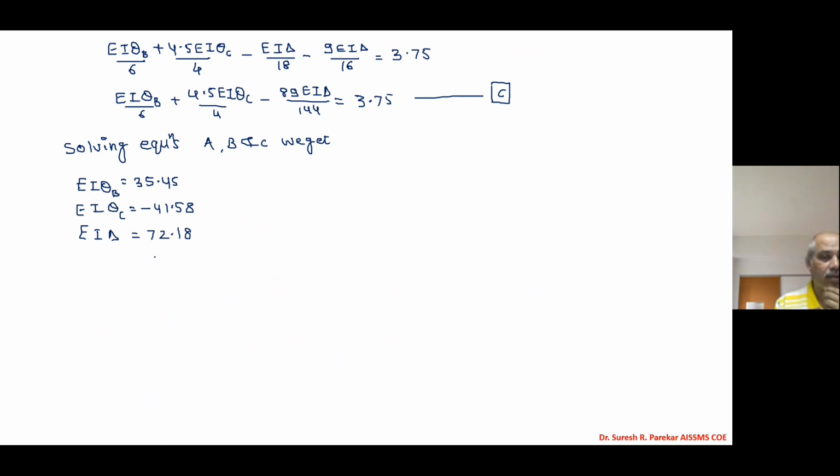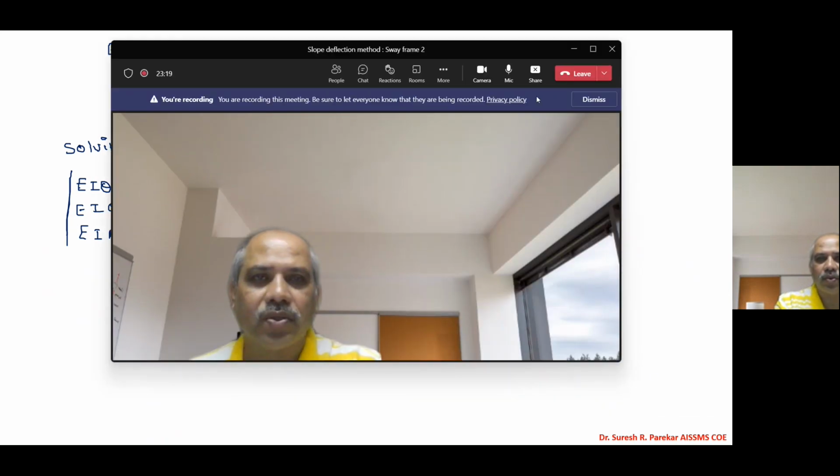And using these values, we can find the values of MAB, MBA, MBC, MCB, MCD and MDC. We will not go for this because you can do it. So we will stop here only. So thank you.